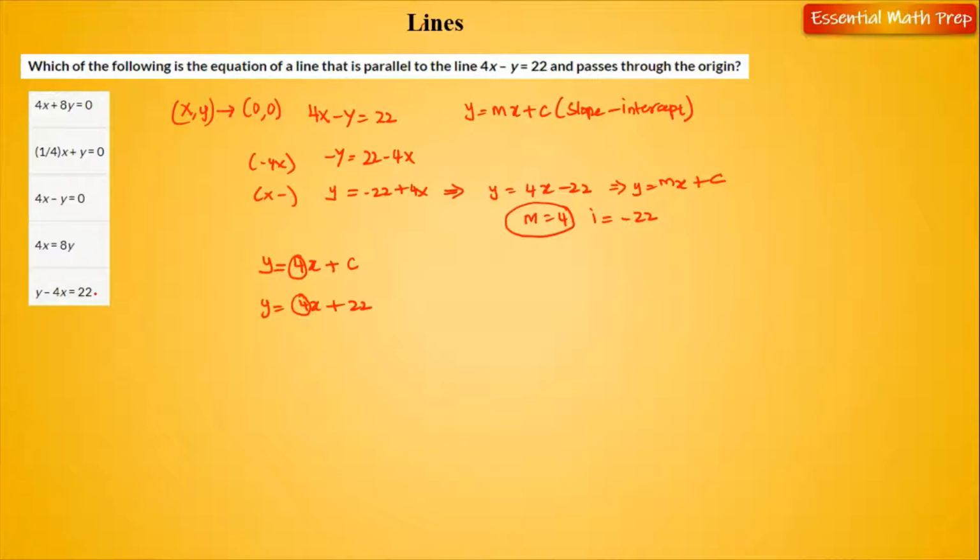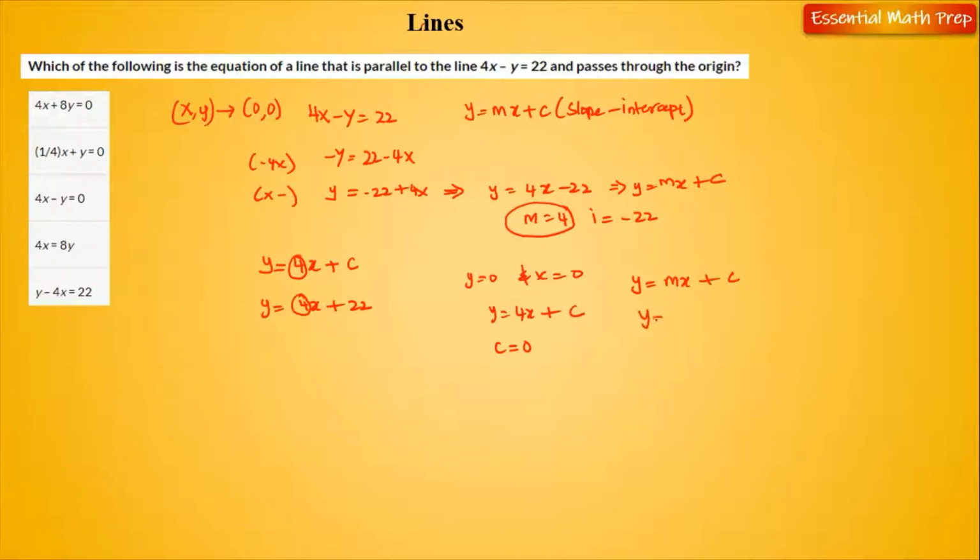Why do you think that is? Because the line is passing through the origin, right? So if you substitute y equals 0 and x equals 0 in the equation that we determined, y equals 4x plus c, then c is equal to 0, right? That means our new equation is y equals mx plus c.